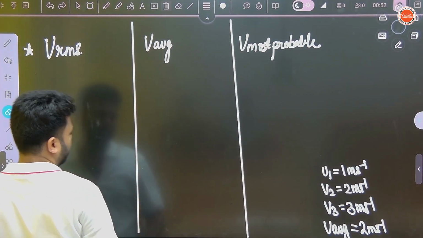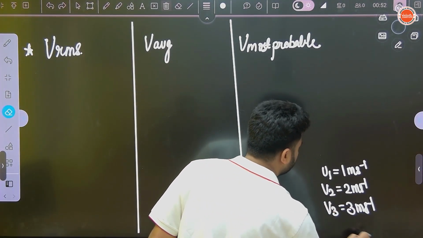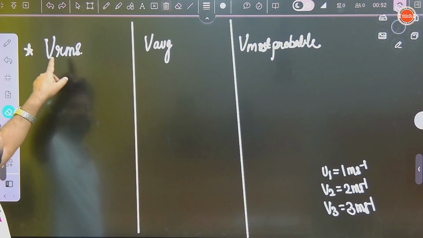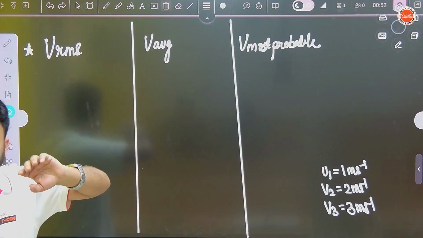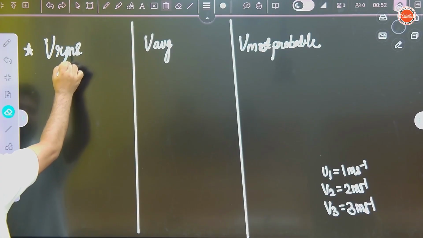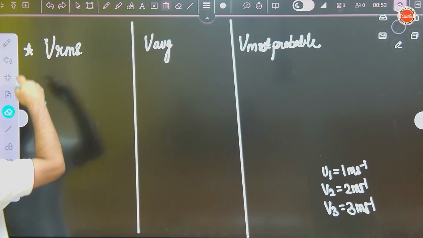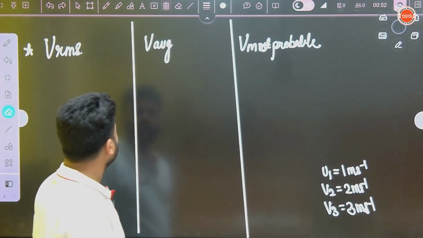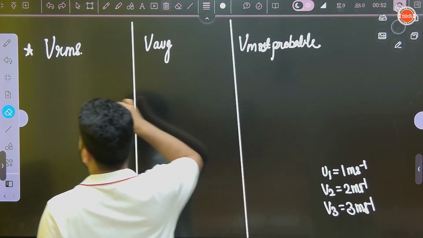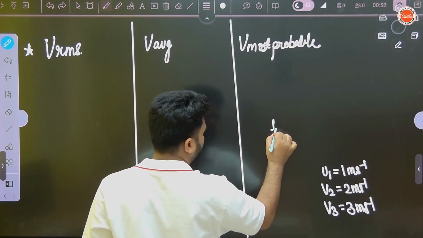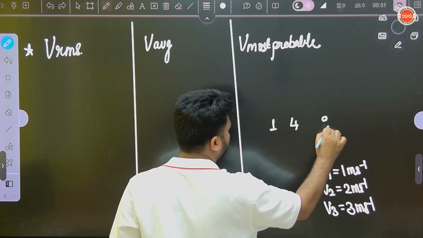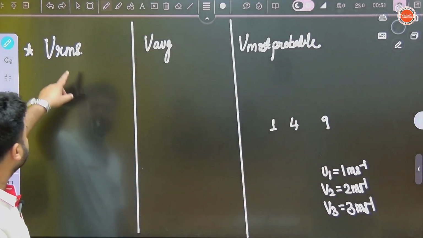Next is RMS speed, root mean square. It is written as root mean square, but we do just the opposite. First we do the square, then we find the mean, then we do the root. See how to do it. First the square: 1 square is 1, 2 square is 4, 3 square is 9.